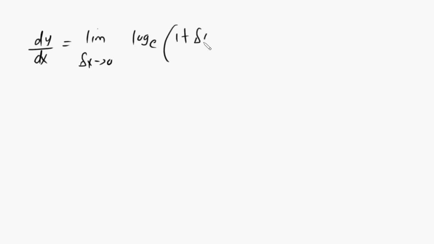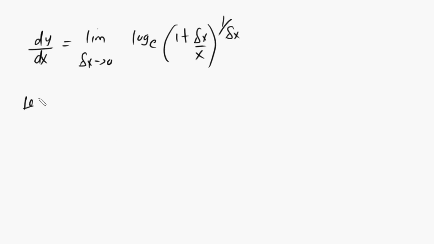So my dy/dx is just going to be equal to the limiting value as delta x approaches 0, the logarithm of e, this is (1 plus delta x over x) to the power 1 over delta x.